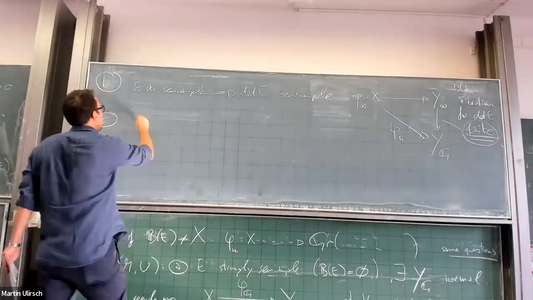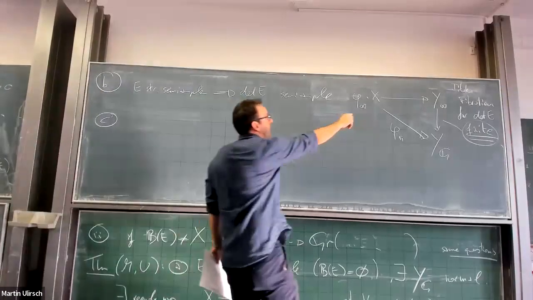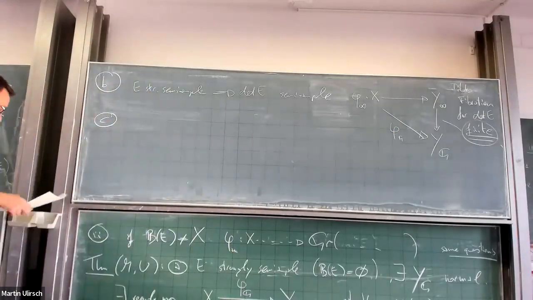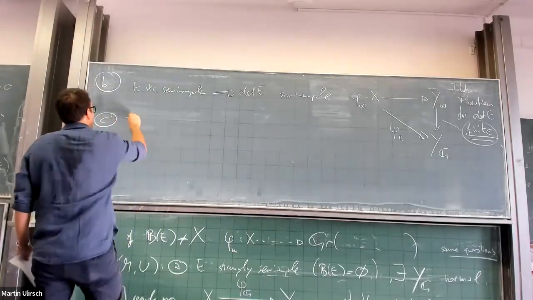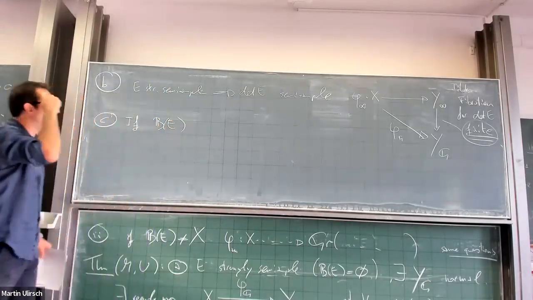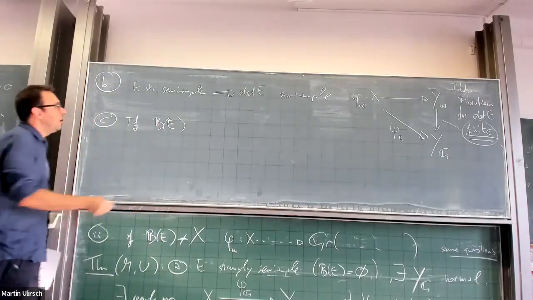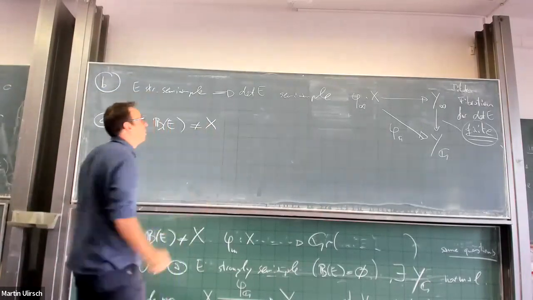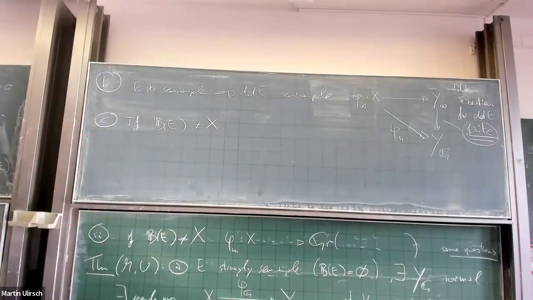So when the Kodaira dimension is maximal, this happens. The base locus is not necessarily empty, but it is smaller than the whole variety.